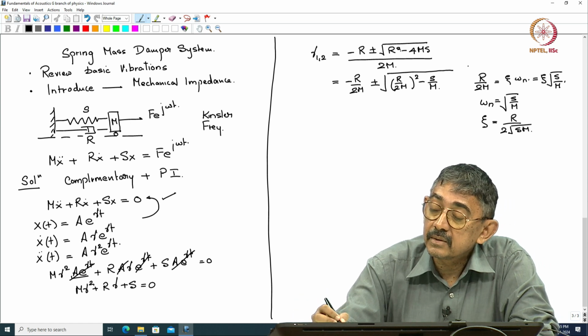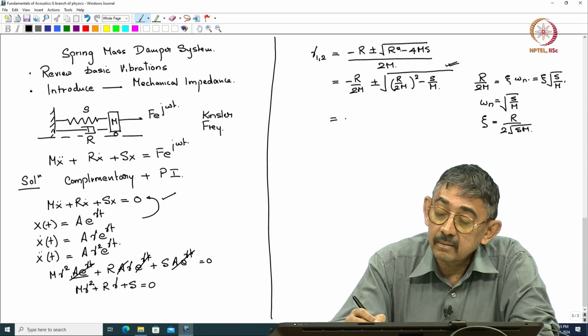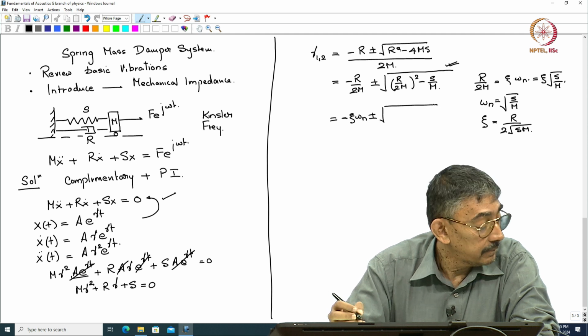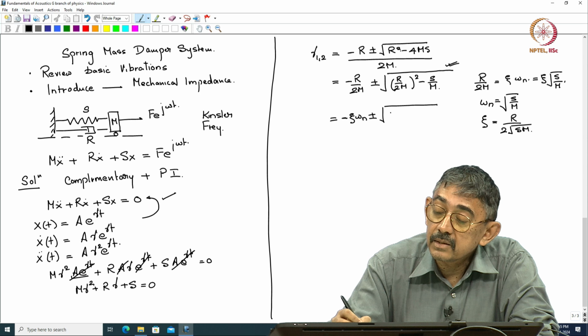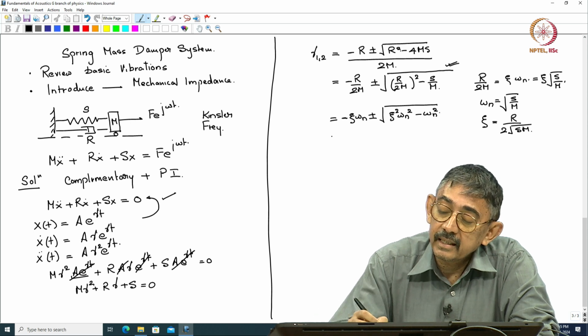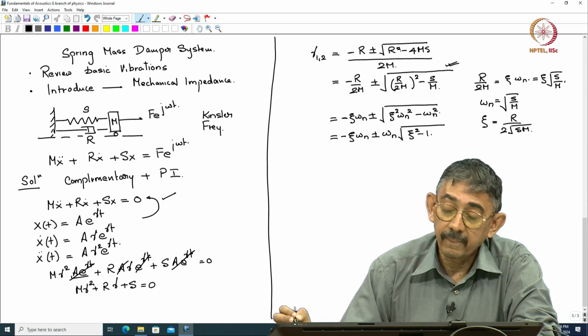And if we bring this back into this equation, what we will have is minus xi omega n plus or minus square root of xi square omega n square minus omega n square, and if I take out the omega n, I have minus xi omega n plus or minus omega n square root of xi square minus 1.